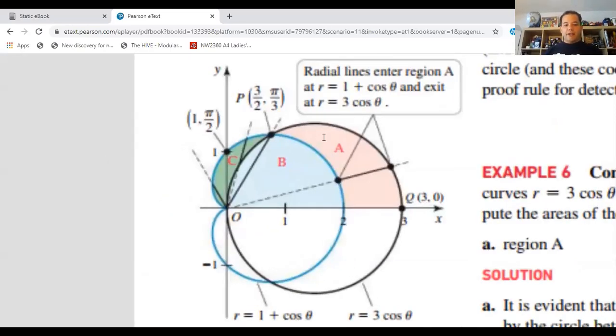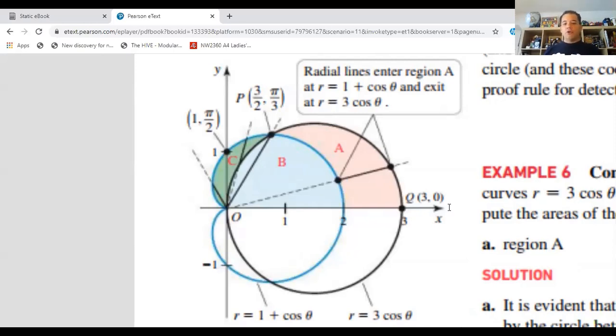So we have the cardioid, the same cardioid, 1 plus cosine theta. And we have this circle, 3 cosine theta, this black circle. And then the example asks us to figure out all of these regions, region A, region B, and region C, okay?